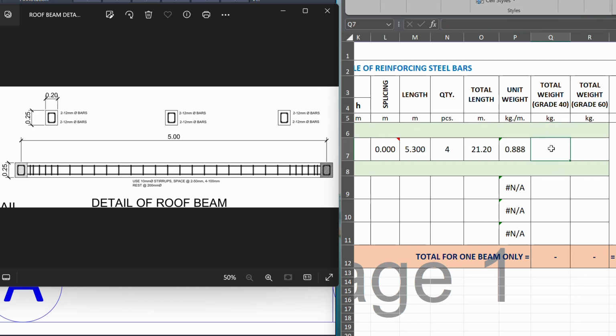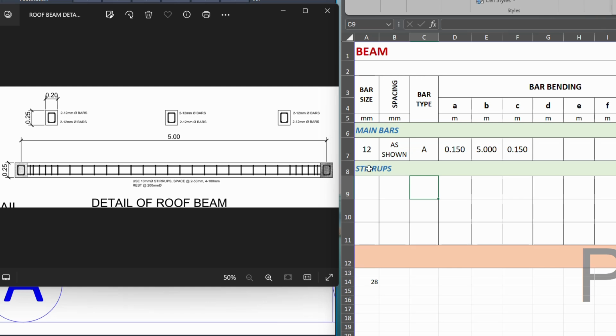Since this is 12 mm, and let's use grade 40, let's just multiply this unit weight times the total length, di ba? Meter times kilogram per meter, so meter is cancelled out. What's left is kilogram, this 18.83 kilograms. So this is not grade 40, so leave it blank. Then let's proceed to the stirrup.